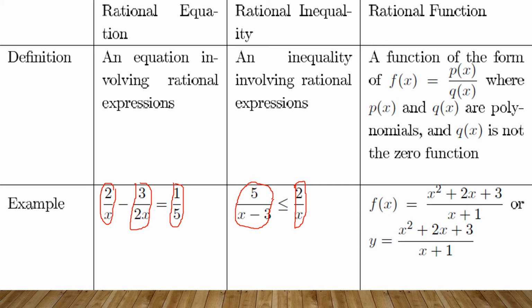So here we have f of x. It can also be written as y equals x squared plus 2x plus 3 all over x plus 1. Meaning to say, a rational function is, first, a function. It involves two variables and it involves rational expression.